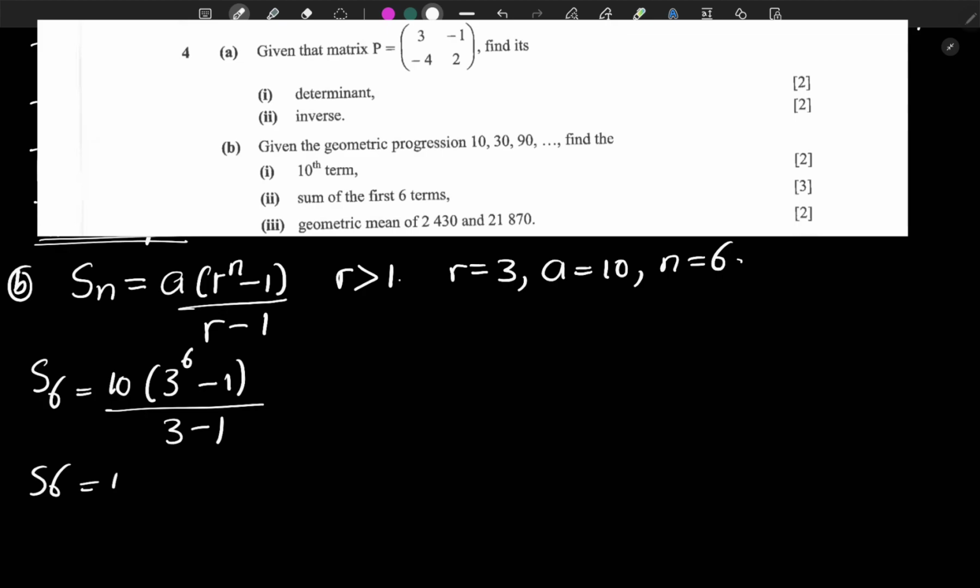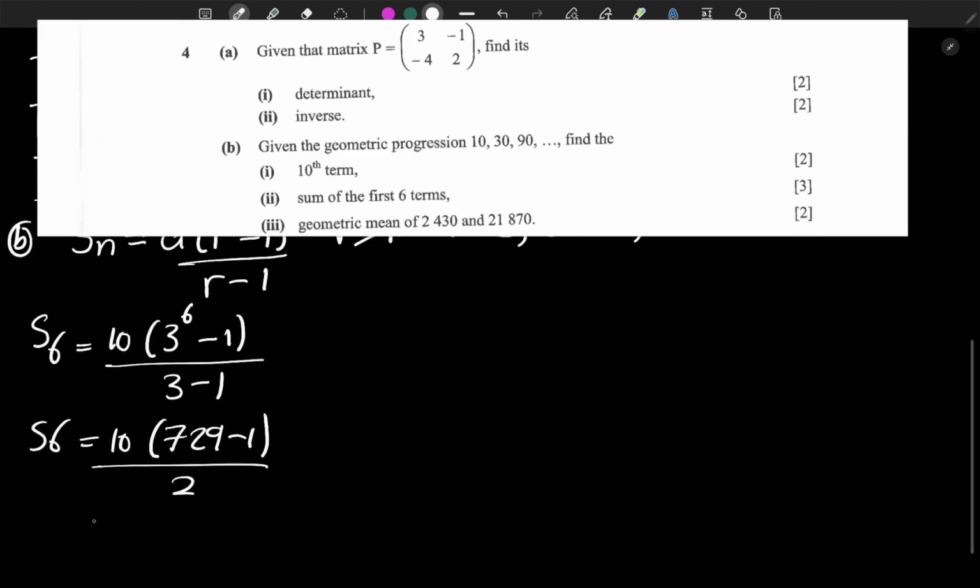So we have 10, 3 raised to the power 6, I'm getting 729, minus 1, divided by 2. Then at this point we have 10.